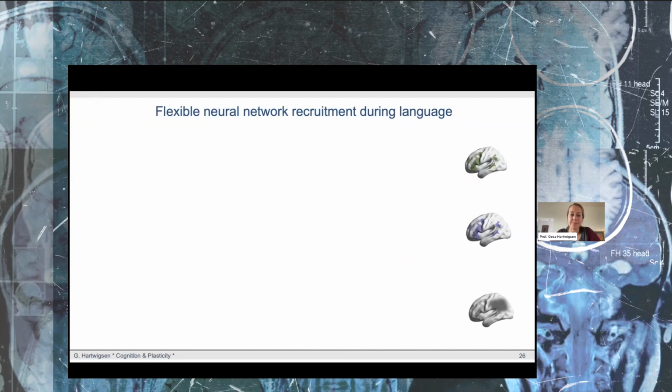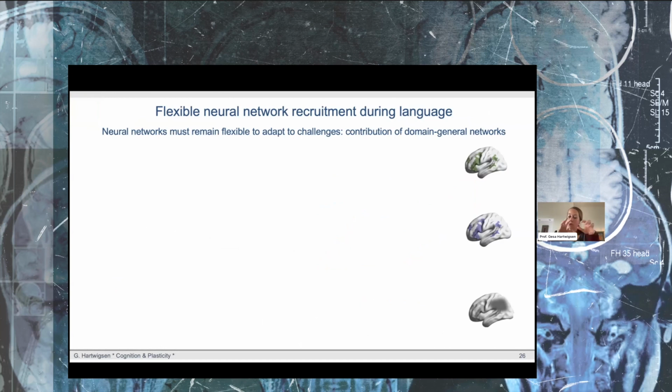So this leads me to the summary of my data. What do we know already about flexible neural network recruitment during language processing, and how can this be summarized? I guess everyone would agree that neural networks must remain flexible to adapt to challenges.